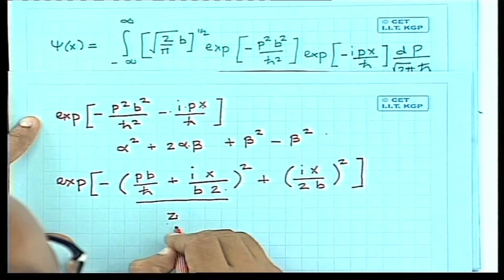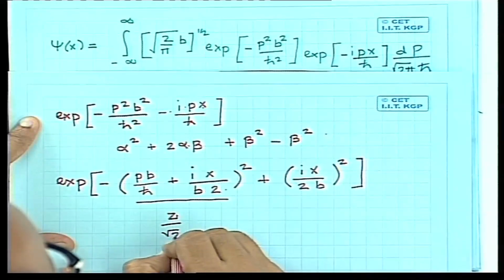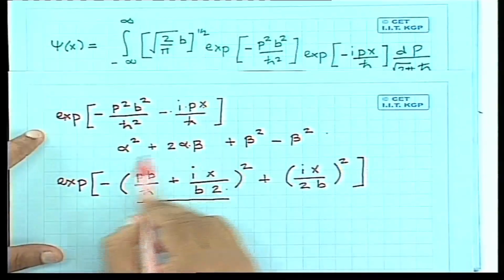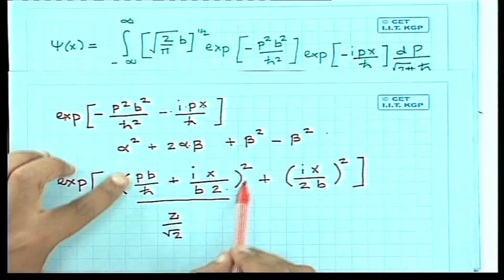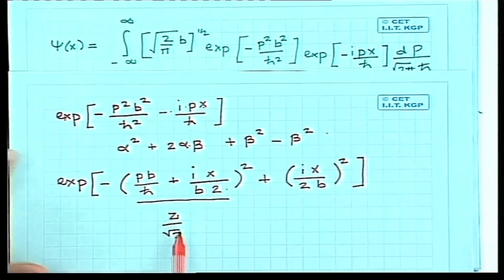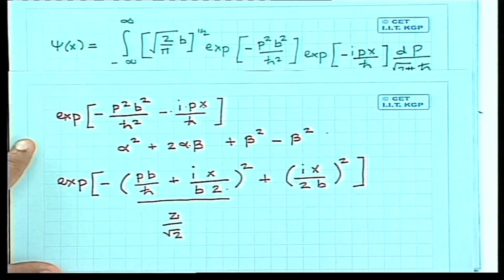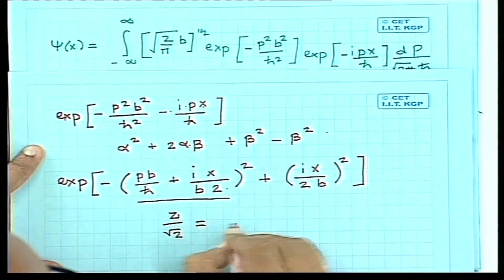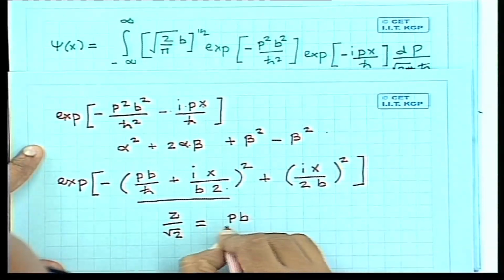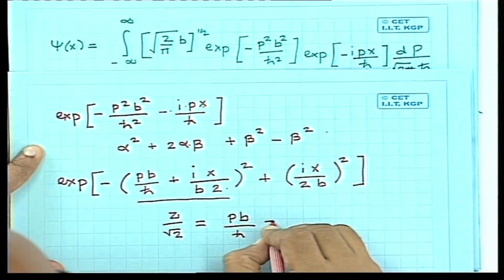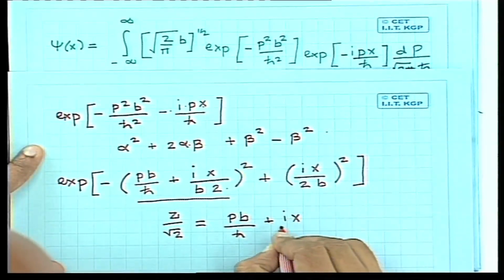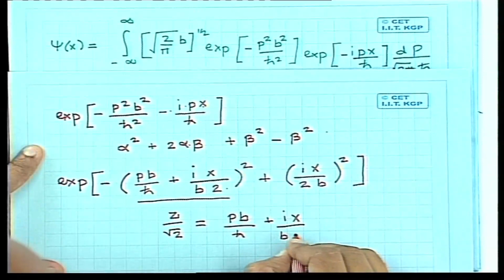Let us say it is z by square root of 2. So the whole thing inside the square, inside this bracket, we are identifying by z by root of 2. So z by root 2 is equal to pb by h cross plus ix by 2b.